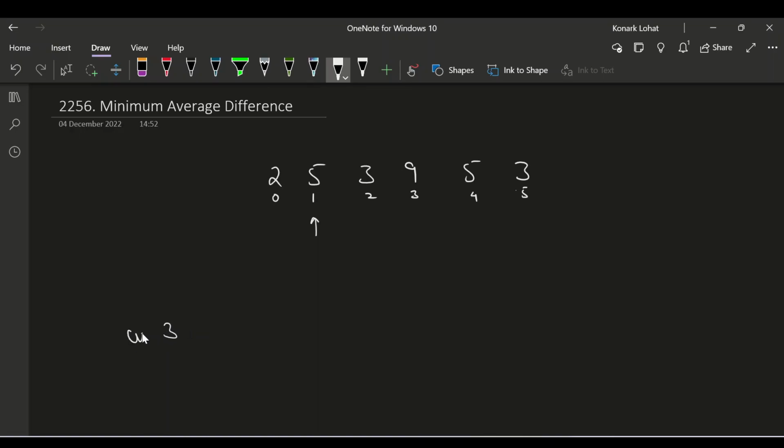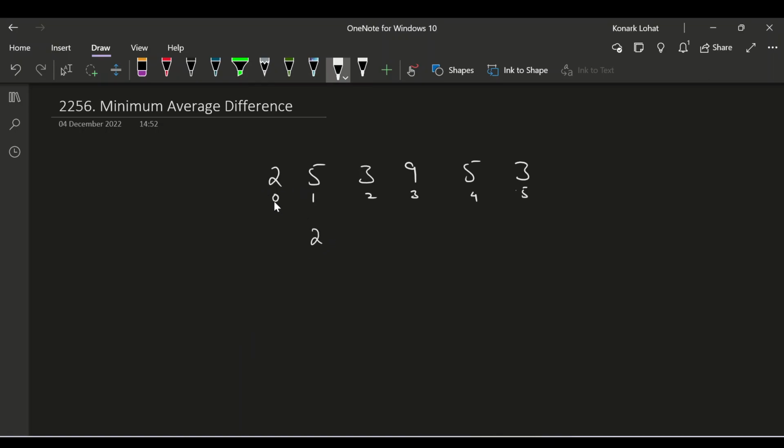And we need to take the absolute difference, which means absolute of 3 minus the right average. The right average will be 3 plus 9 is 12, 12 plus 5 is 17, 17 plus 3 is 20. Now 20 is divided by how many elements? There are 4 elements. 20 divided by 4 is 5, which means the absolute difference will be 2. So the average difference is 2 for this index.